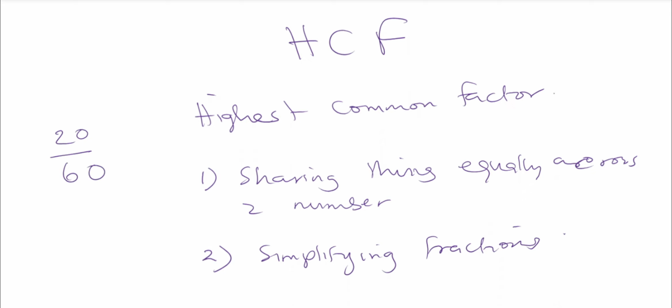Although 20 over 60 is a correct answer, we will expect that you will keep it to the simplest form, which is 1 over 3. Now, how do I get the 1 over 3 easily? If I know the HCF of 20 and 60, I will just divide both by the HCF and straight away I'll get my simplest form of the fraction.